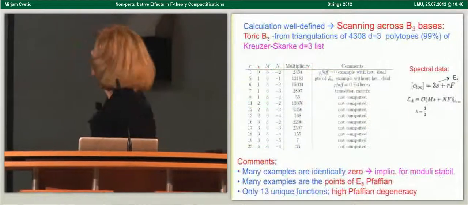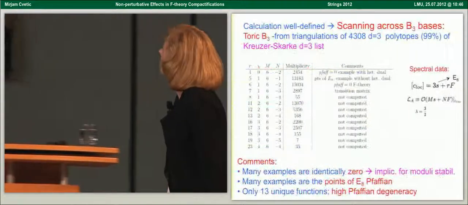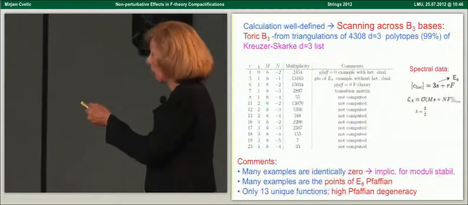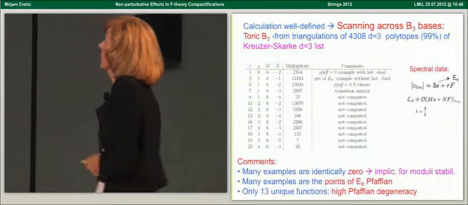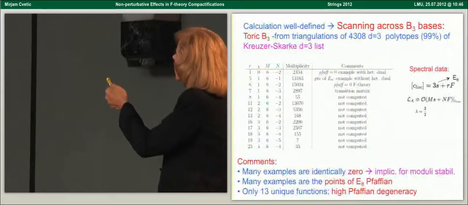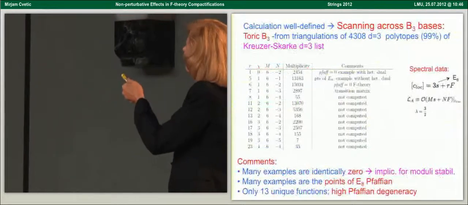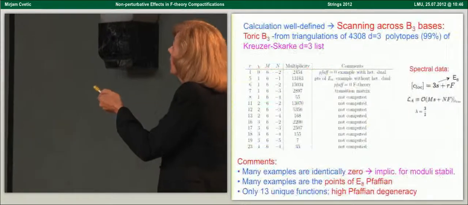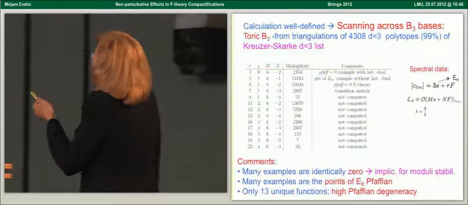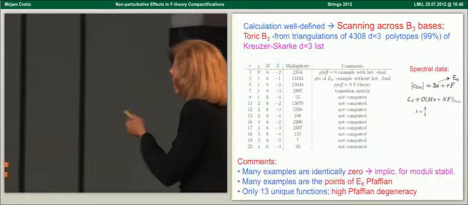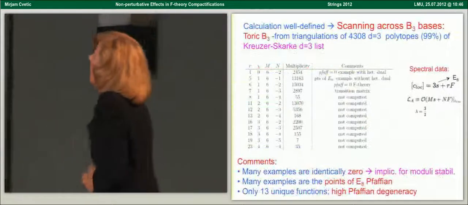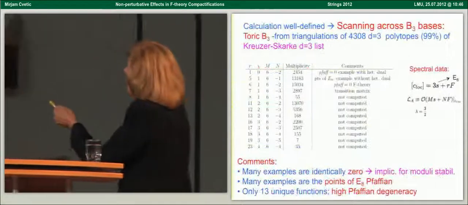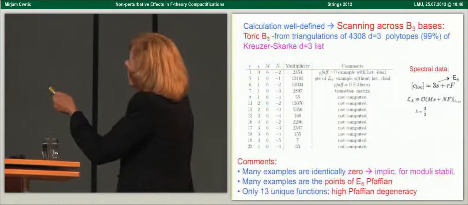Okay. Since this calculation I propose is quite well defined, we can start scanning large classes of three-dimensional bases. In particular, we took a list of Kreuzer-Skarke polytopes and constructed toric B3, three-dimensional toric bases.